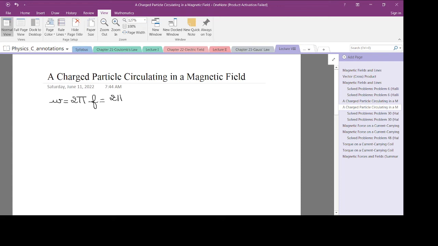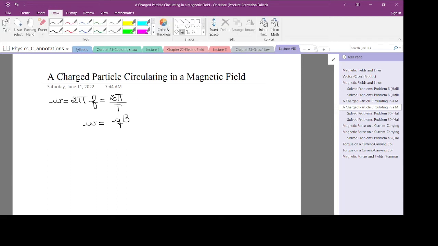We can calculate the angular frequency like this, and we find that the angular frequency for this case is going to be qB divided by m.